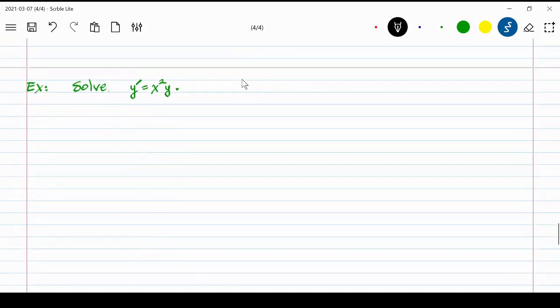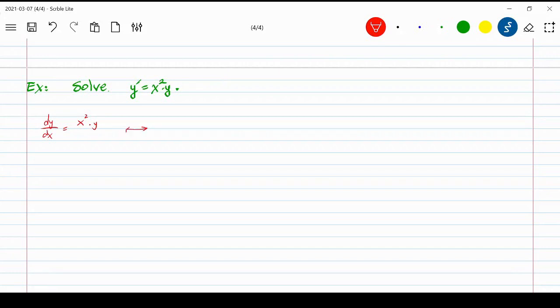And here's another example. What if it was not in the form of division? By the way, sorry, this is y prime, only the first derivative. What if it was multiplication? You have y prime equals x squared times y. So you can always write dy over dx instead of y prime, equals x squared times y.